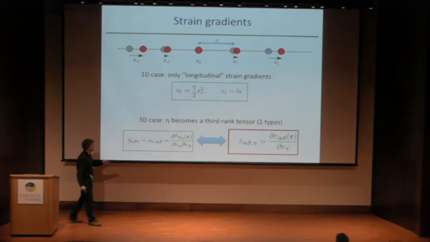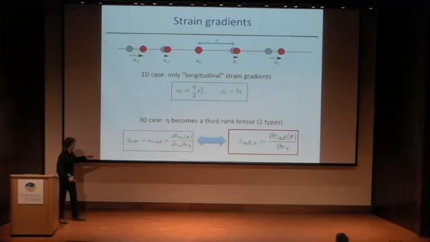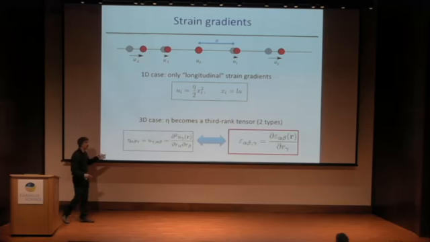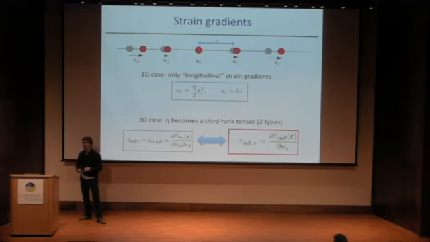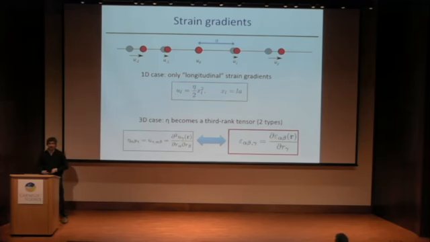Actually, the two are equivalent in the sense that there are 18 components here, 18 components here. So one can establish a one-to-one relationship between the two and use one or the other representation depending on whether I'm doing calculations or I'm talking to an experimentalist, essentially.